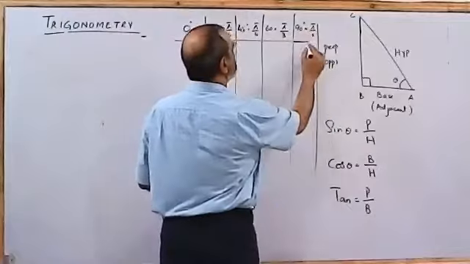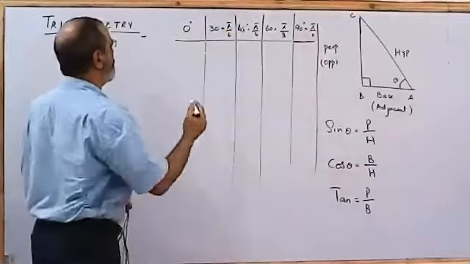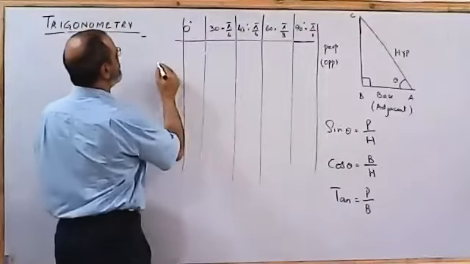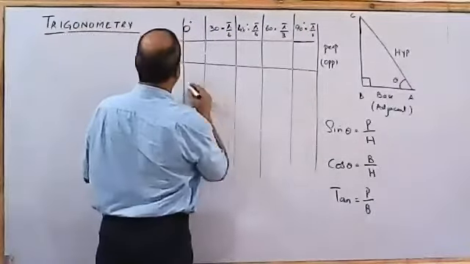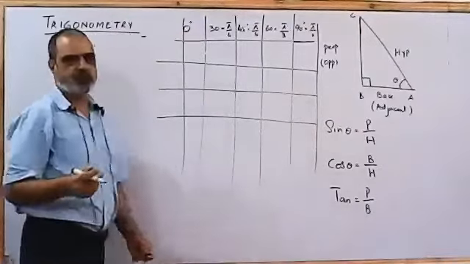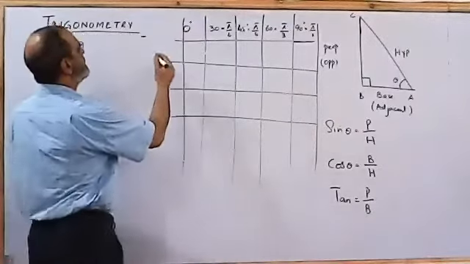So these values we should know orally, or even nowadays the calculator that you are using, they give you exact values of sine, cos and tan. In our days we were used to learn these values.